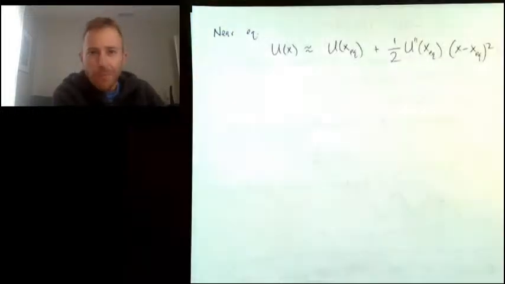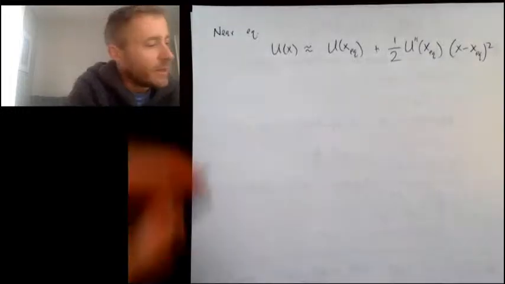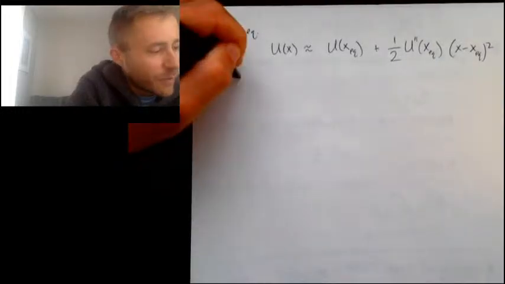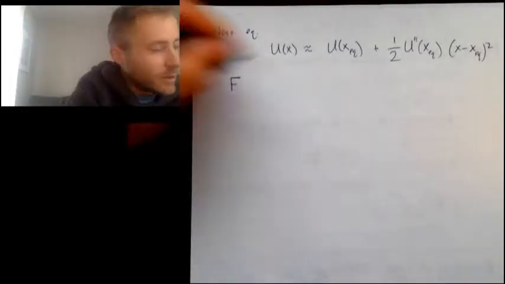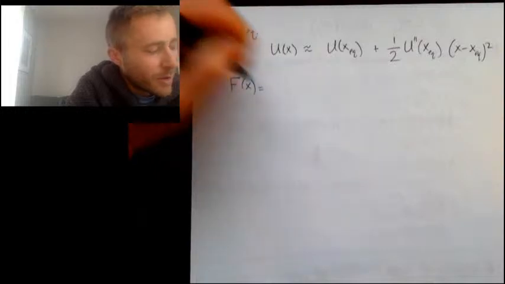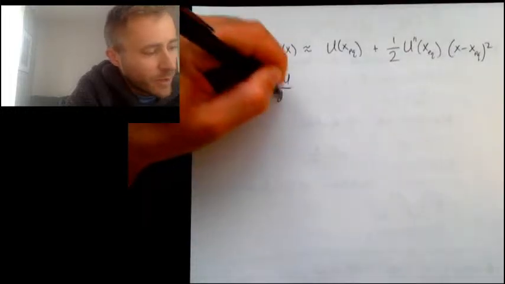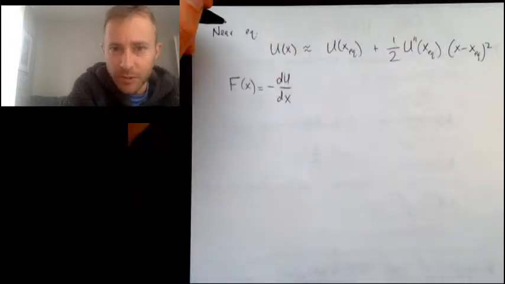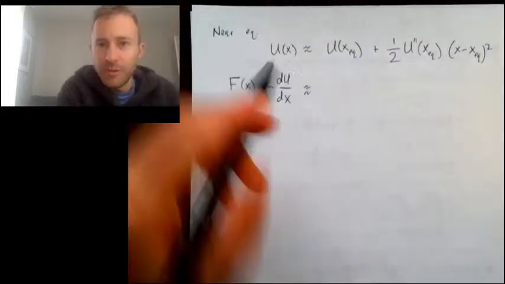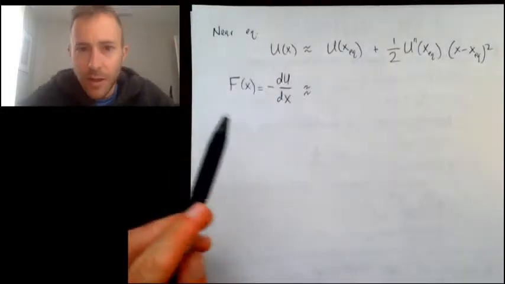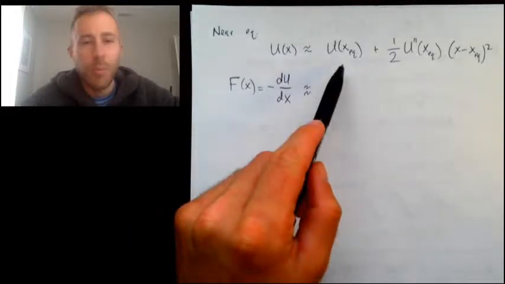Now what I'm going to do is find the force near the equilibrium. The force is minus the derivative of the potential with respect to position. So I'm going to take the derivative of this approximation.